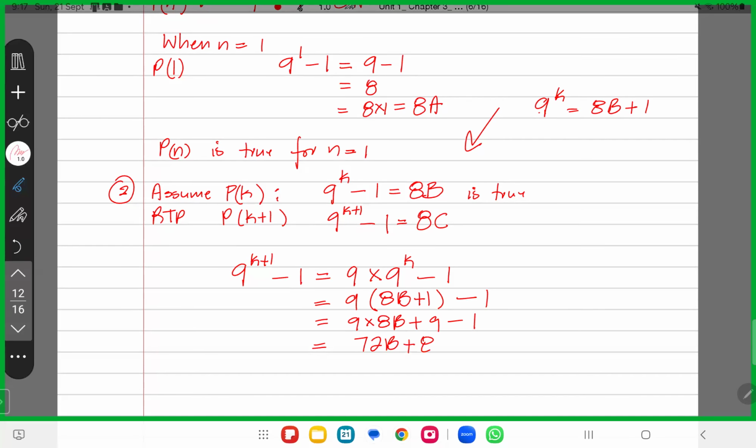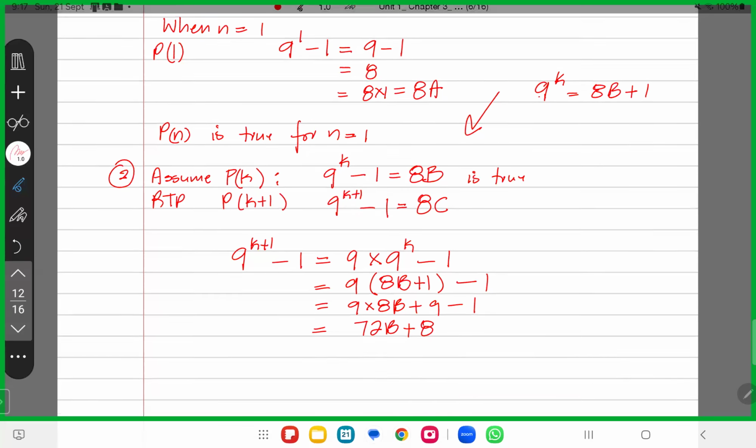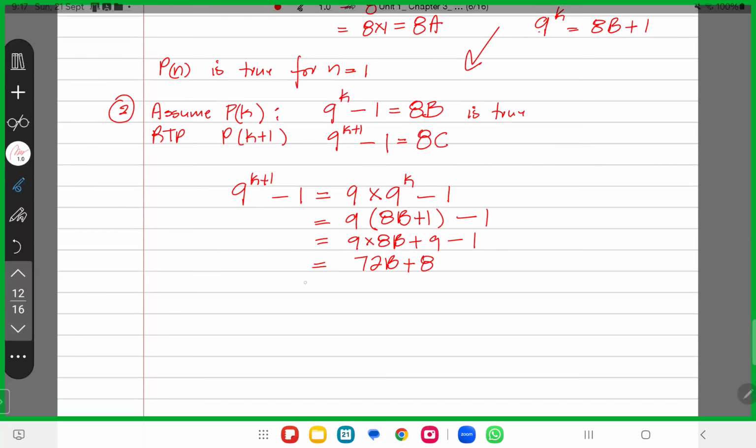plus 8. At this point, you observe that 8 is common. So if I factor out the 8, I'm going to get what? 9b plus 1. So then now we're going to bring in a little reasoning. Remember, b is a whole number. If you multiply 9 by a whole number, you're going to get another whole number.